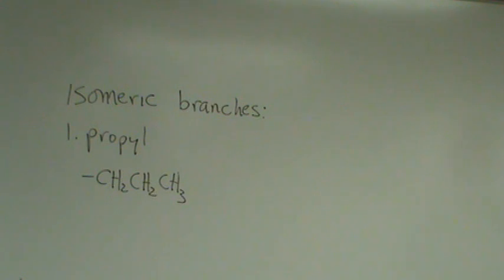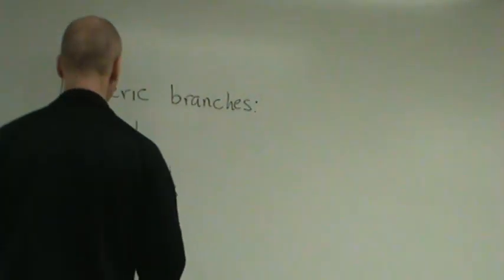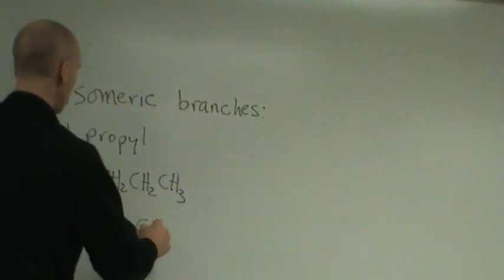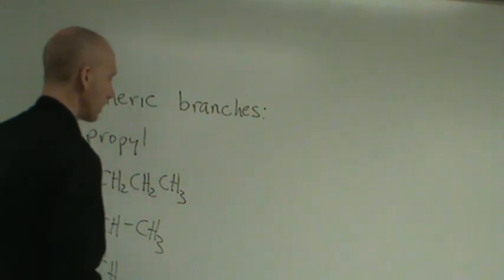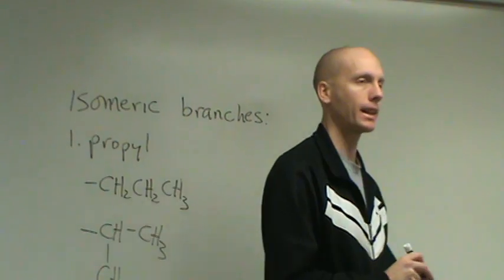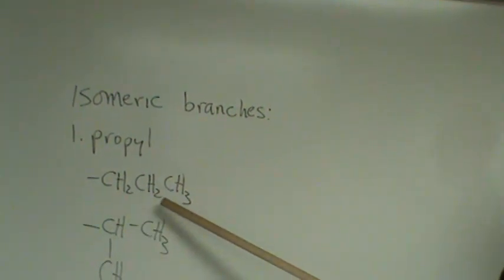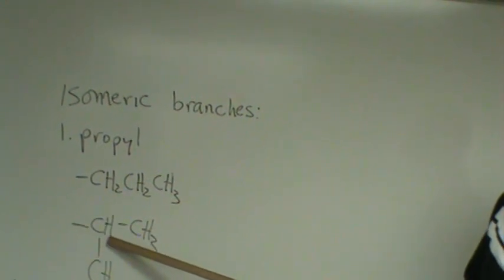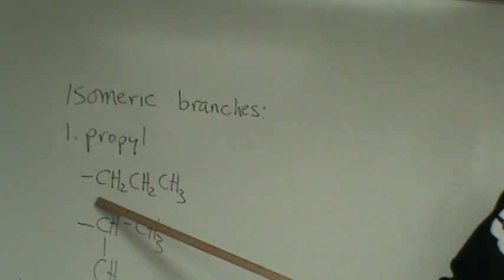So that's a propyl group. But there's another way you could arrange these atoms to have 3 carbons. You could have it like that, where instead of it straight across, now the attachment to the parent chain is on the middle carbon. See that? Instead of the end carbon.